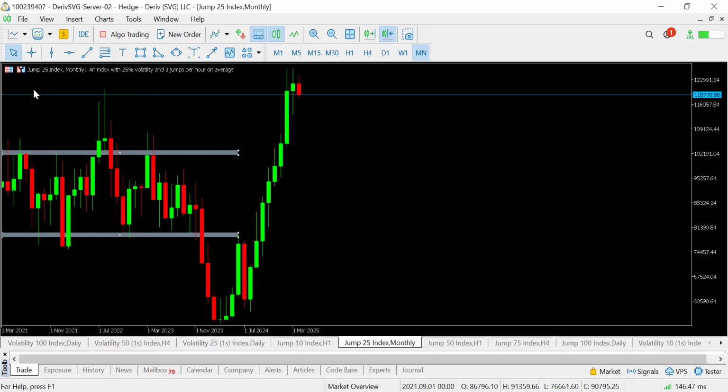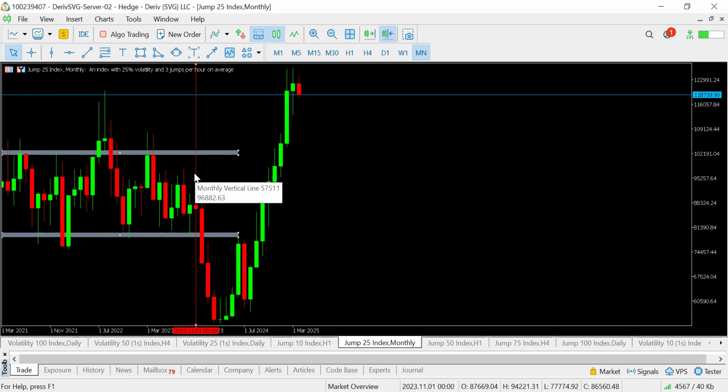So, like I said, Jump 25 index ranged for a very long time. Each candlestick here stands for a month. So from May 2021 till November 2023, that was almost 2 years.